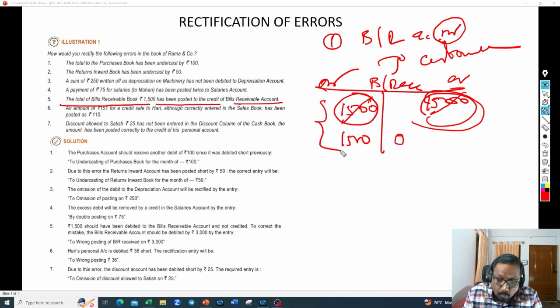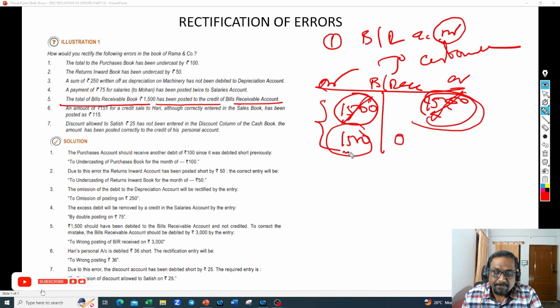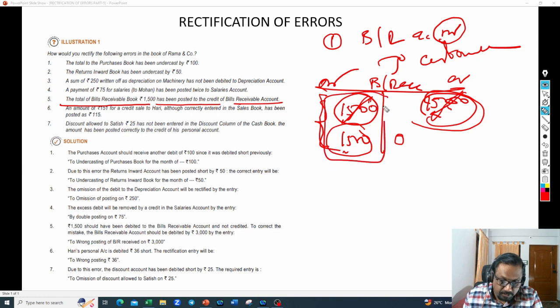Why 2 times? One is to cancel this, other one is to bring in the actual debit. So bills receivable account only got impacted, and that has to be rectified by debiting 3000 rupees.